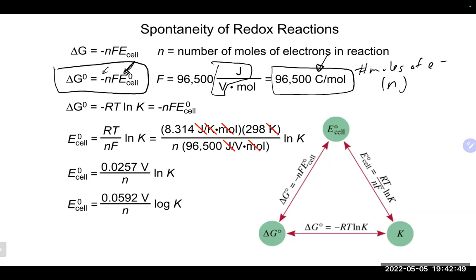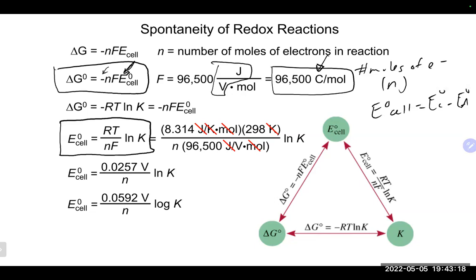We could also tie delta E of the cell into our other favorite thing, which is the equilibrium constant. And here's this equation right here. E of the cell, which obviously in both of the equations is cathode minus anode, just like we did calculating before. So once again, E of the cell is still our cathode minus our anode.